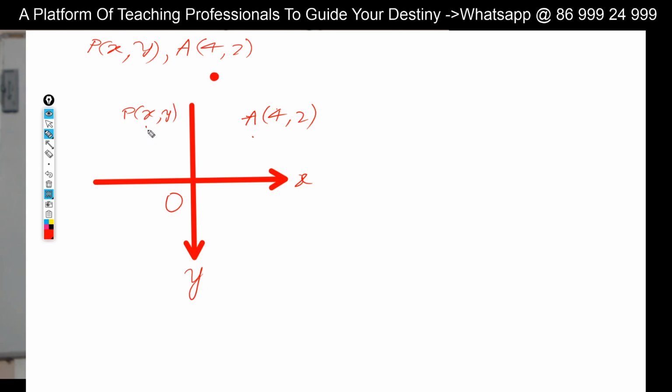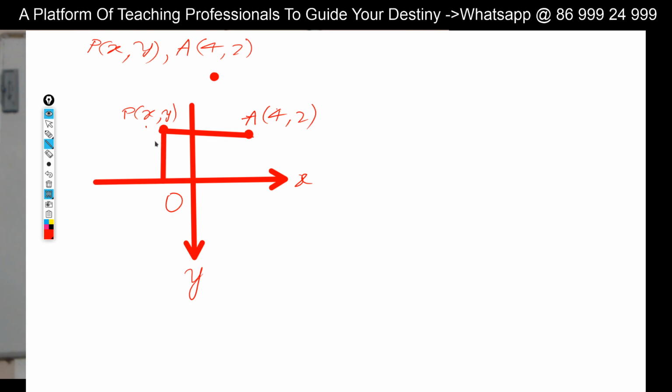Now it is given that the distance from P to A, let me say this as P, this as A, the distance between P and A and the distance from P to x-axis are equal.